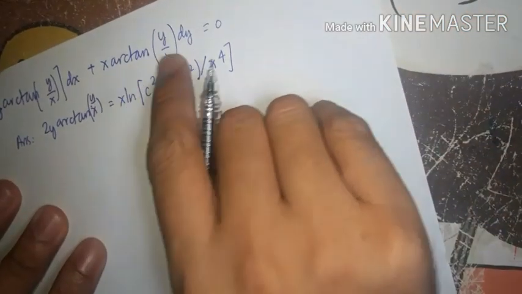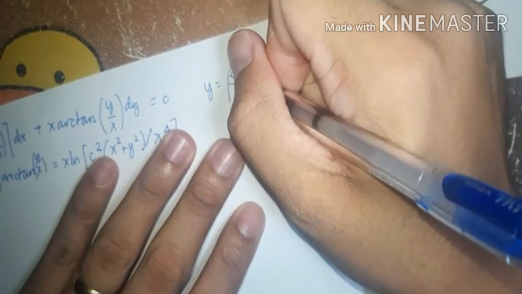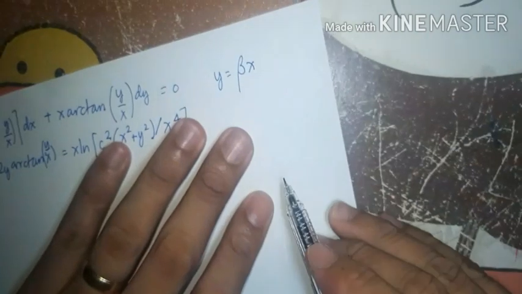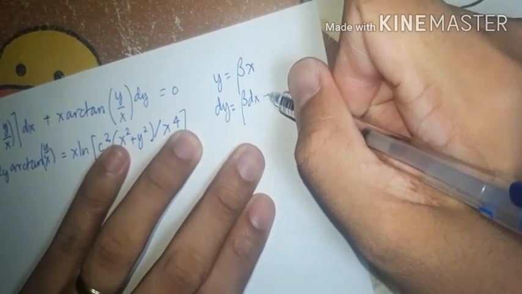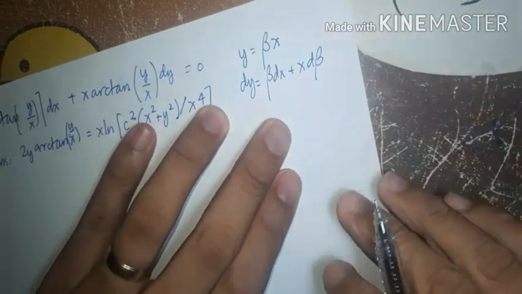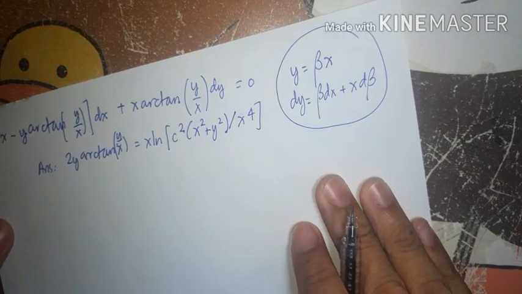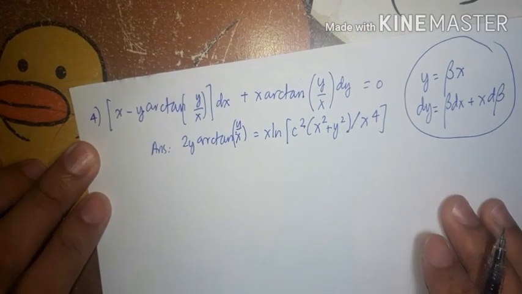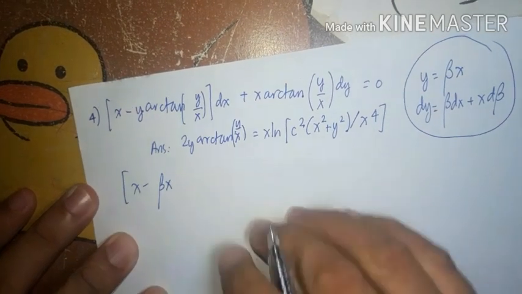So this is one term lang. So ang pipiliin ko ay y ulit. So let y be equal to beta x. So para iba naman. So dy is equal to beta dx plus x d beta. So that's our substitution. So lahat ng y papalitan natin ng beta x. So this is x minus beta x.